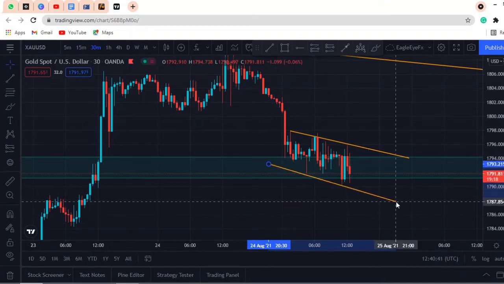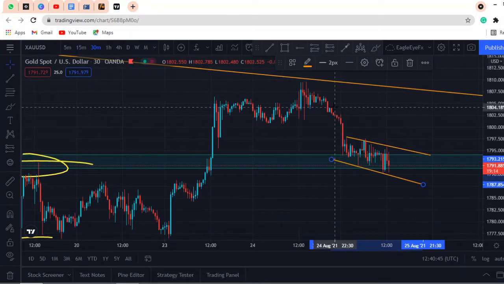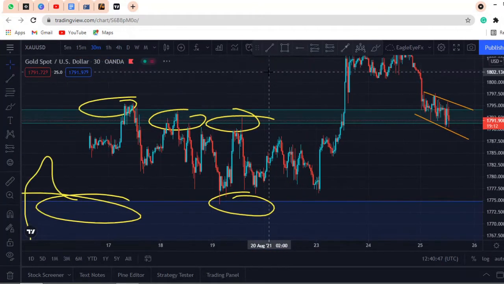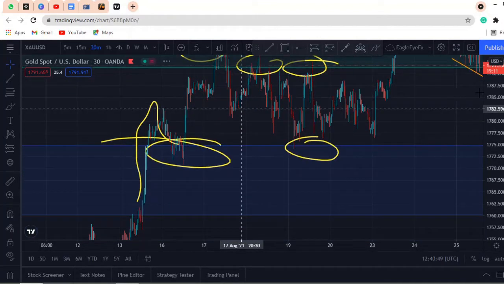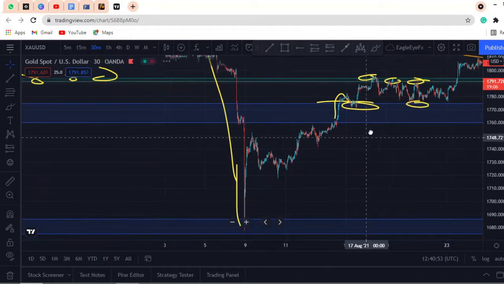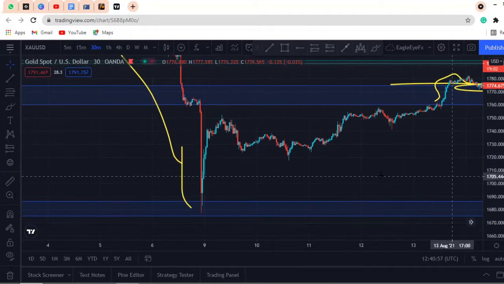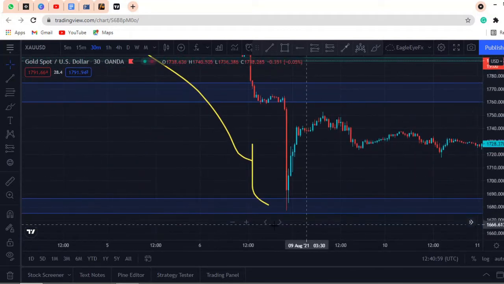For gold, I like drawing it from the wick, because gold really moves. I don't like drawing from the body, because if I take you back, you can see this was a wick. If I zoom in, you see a very long wick.